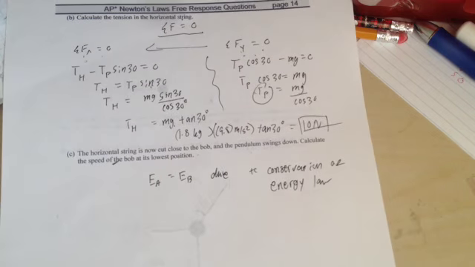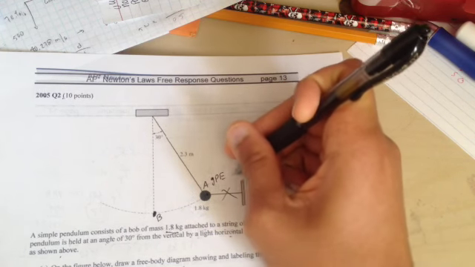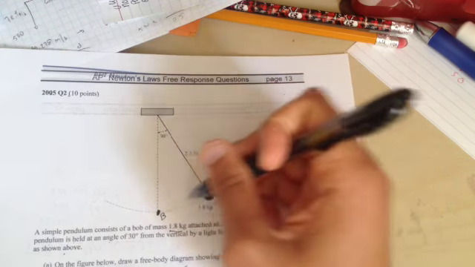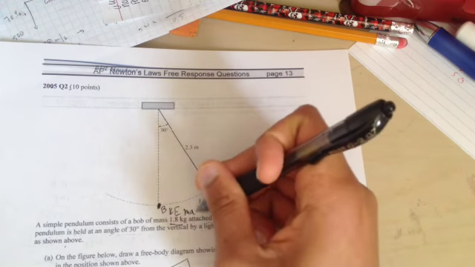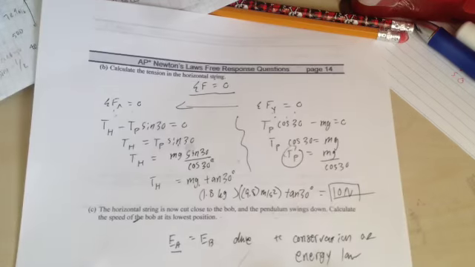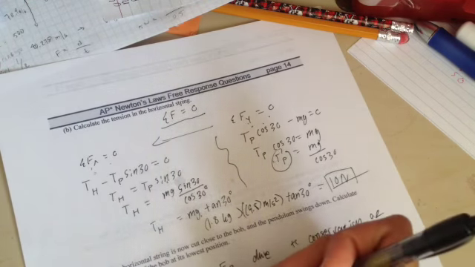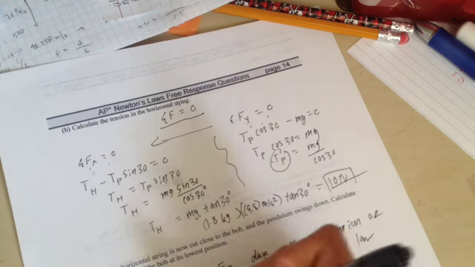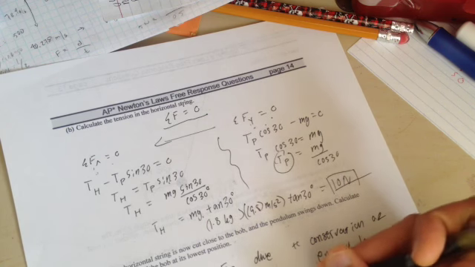Now we also know that the highest point, which is A, is going to be the gravitational potential energy max, and the lowest point is going to be kinetic energy at its max. So we know that mgh, gravitational potential energy, is equal to kinetic energy.